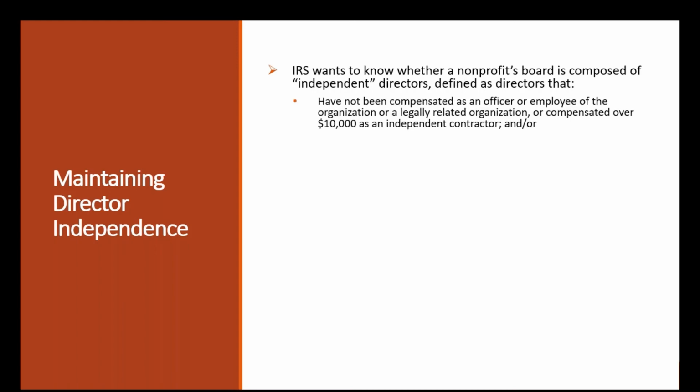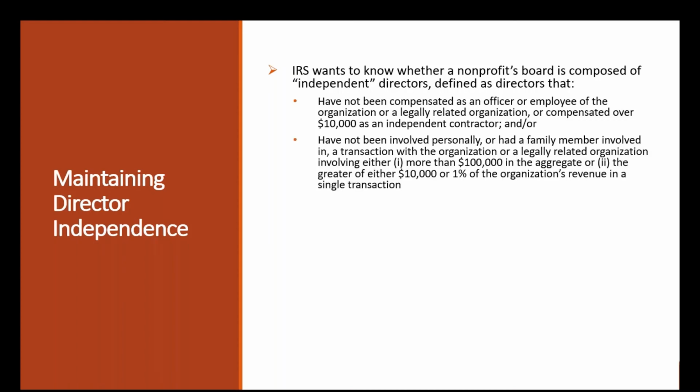These are directors that, A, have not been compensated as an officer or employee of the organization or a legally related organization, or been compensated over $10,000 as an independent contractor, and the individual cannot have been involved personally or had a family member involved in a transaction with the organization or a legally related organization worth more than $100,000 in the aggregate, or the greater of either $10,000 or 1% of the organization's revenue in a single transaction. Kind of clunky there, but that's the standard.